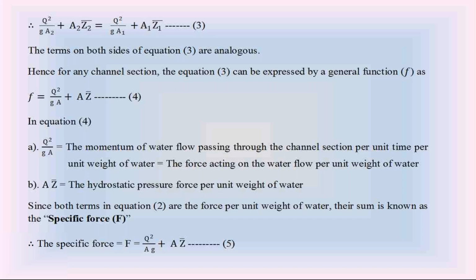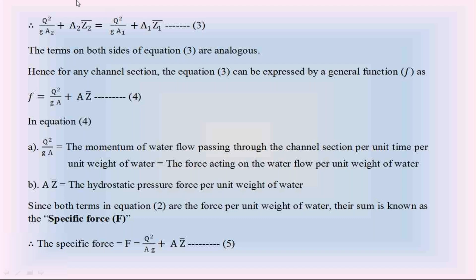So check that equation 3. In that equation 3, q square by gA is the inertia force acting on the water flow in the hydraulic jump per unit weight of water. And the second term, A Z bar, is the hydrostatic force acting on the water flow in the hydraulic jump per unit weight of water.